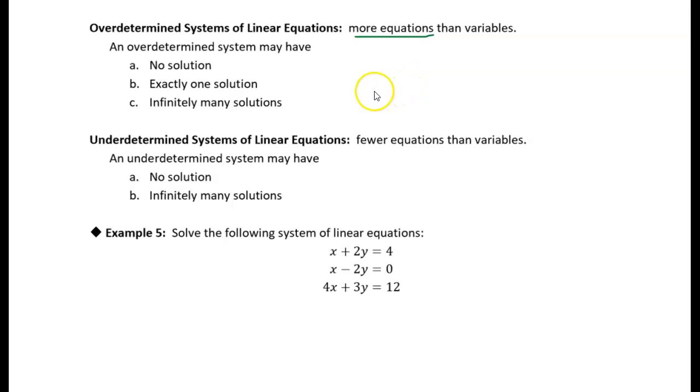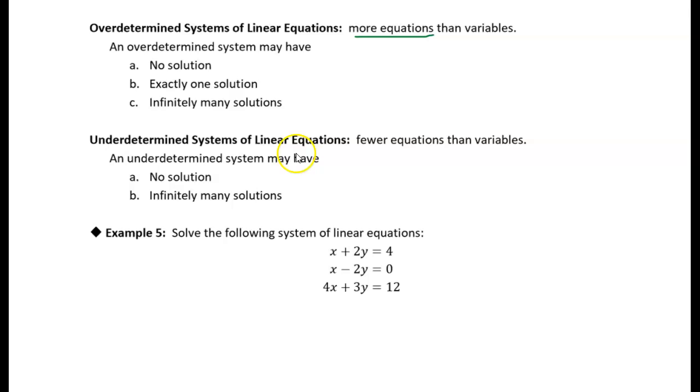A lot of times, though, you get no solution, because you have more constraints on your system and conflicting constraints, so oftentimes you get no solution. But you can also get infinitely many solutions as well.